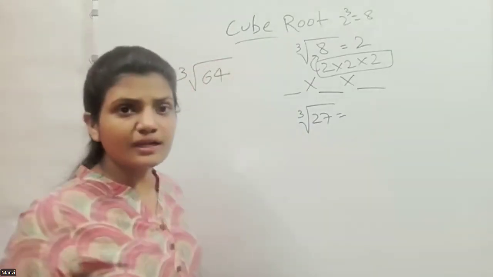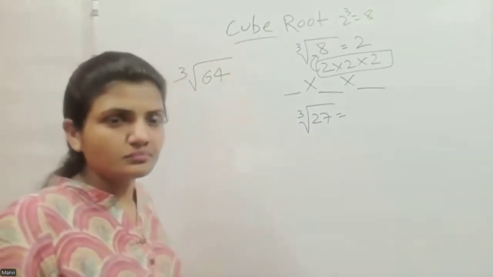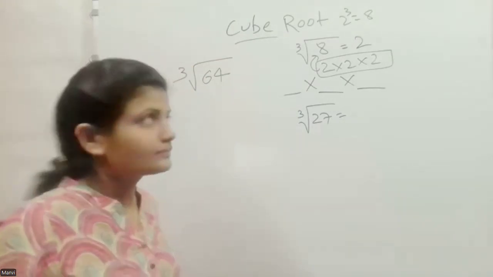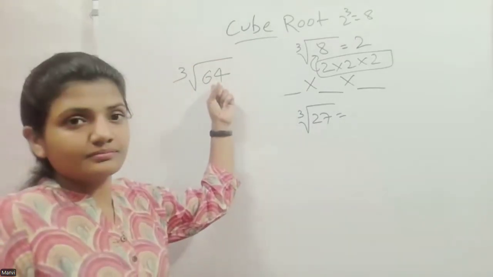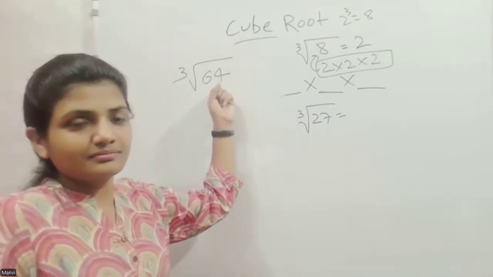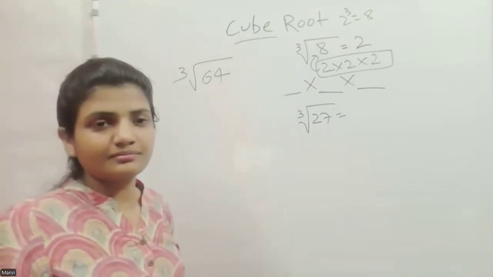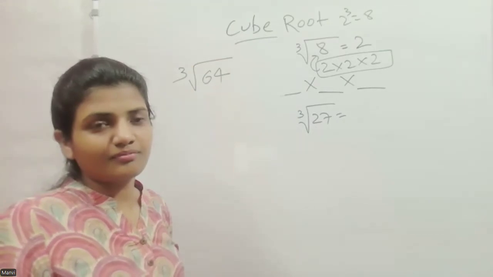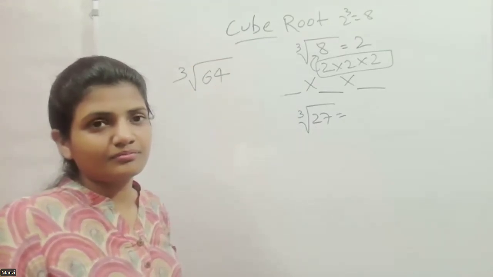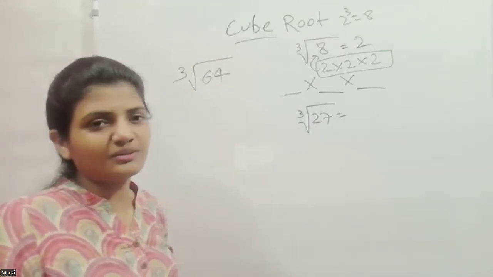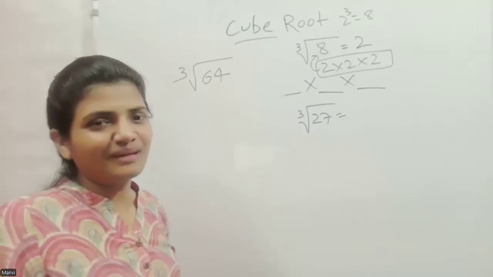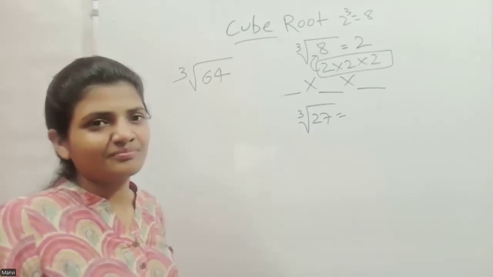Riyans, what will be the answer of this question? See, this one. Hmm. You need to work it out. How do you find it mentally? That's 8 squared. Oh, right.